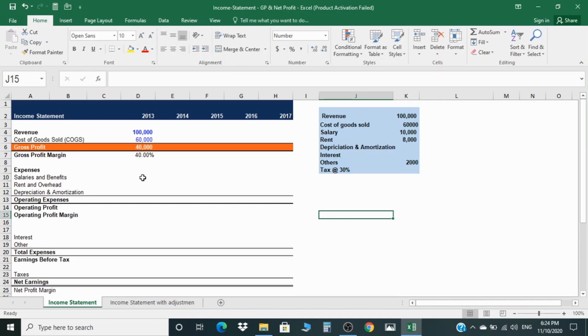Understand? Perfect. So now we have a gross profit, but a business has different expenses as well. Over here we call them direct expenses, right? The expenses directly attached to the product or the production of the product. Like you're working in the factory and they're making the products.